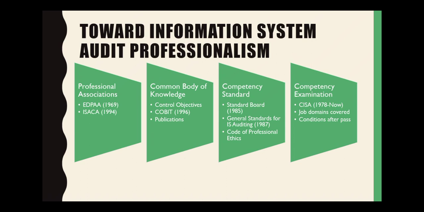The first is to report that they have earned a minimum of 20 contact hours of continuing professional education each year, and then pay the continuing education maintenance fee, and then comply with ISACA's Code of Professional Ethics. And the last is to report that they have earned a minimum of 120 contact hours of continuing professional education during the 3-year certification period.